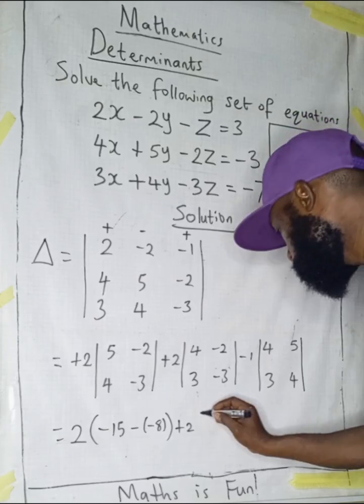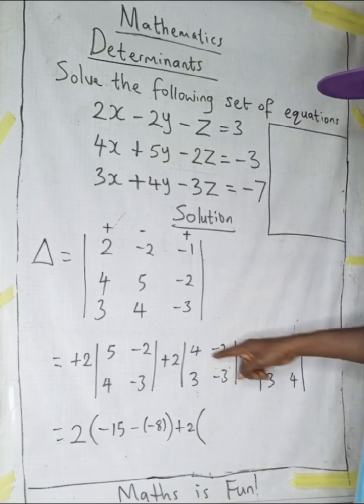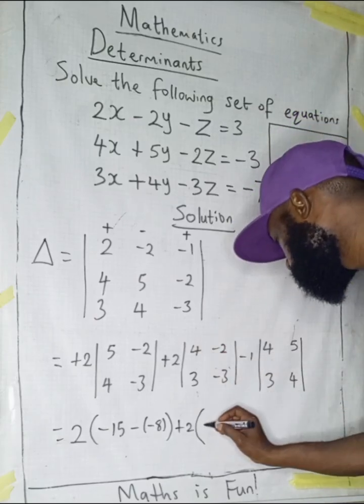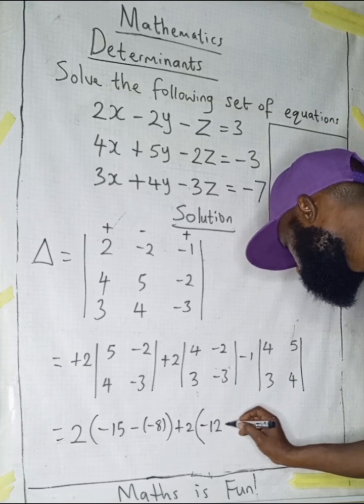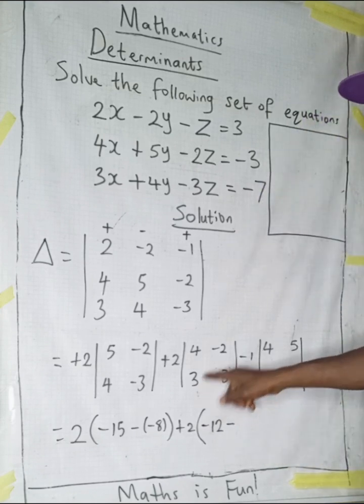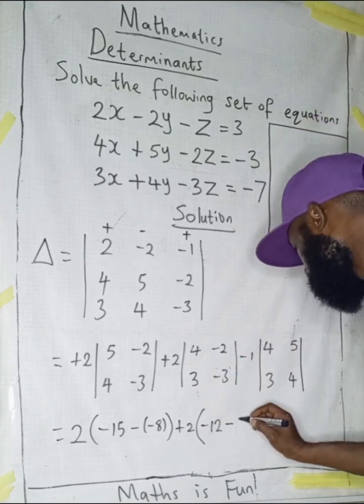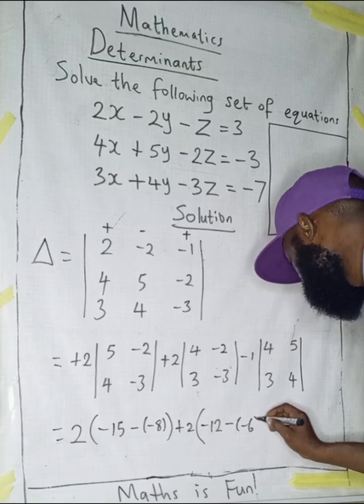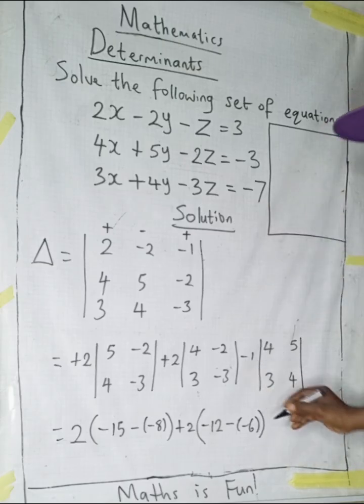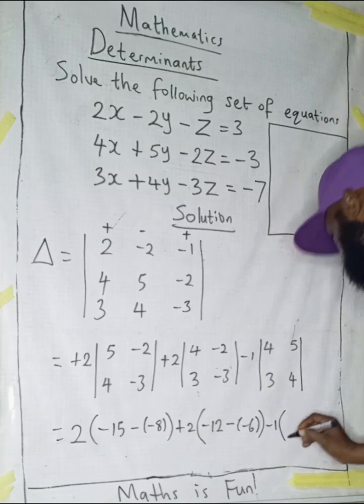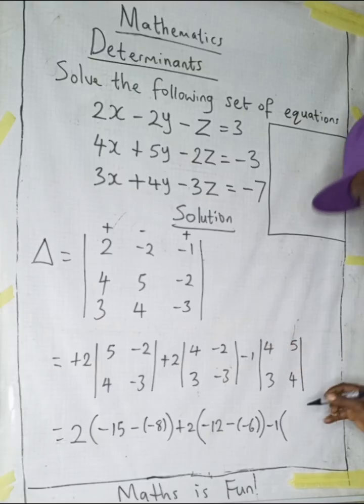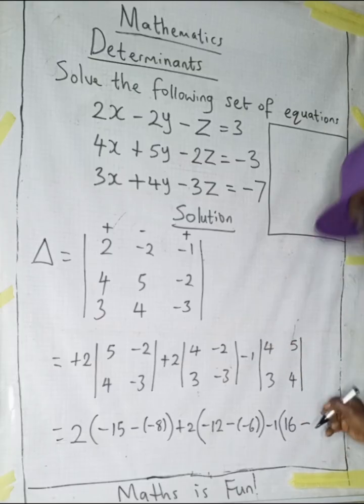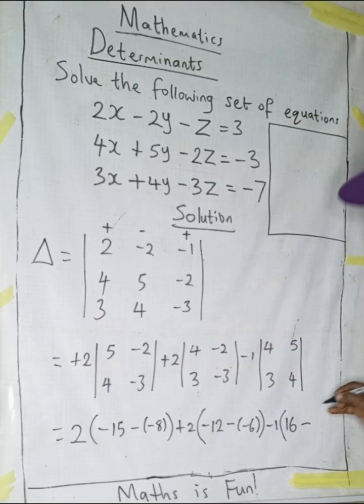Then multiply this way, we have minus 12, minus, multiply this way, you have minus 6. Then minus 1, multiply this way, you have 16, minus, multiply this way, you have 15.